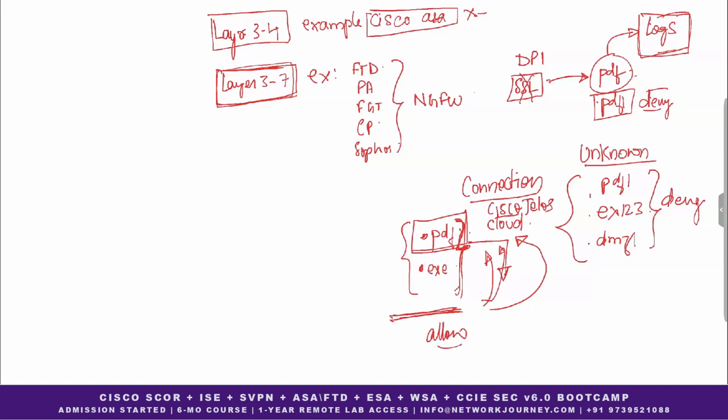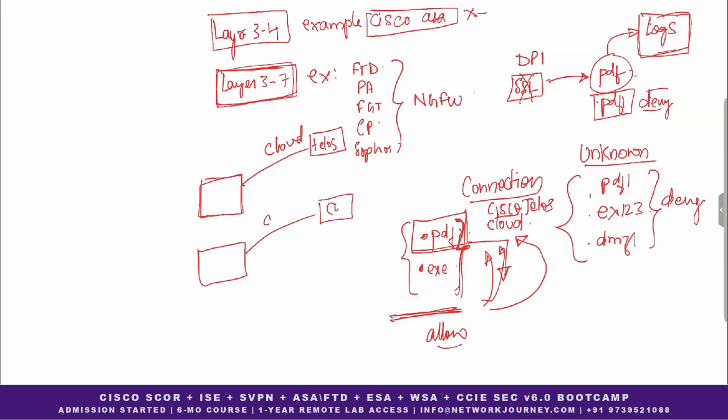So almost all next gen firewalls in the backend would be connected to their respective cloud. Like Cisco has something called as Talos, whereas Palo Alto has something called as a Palo Alto cloud.